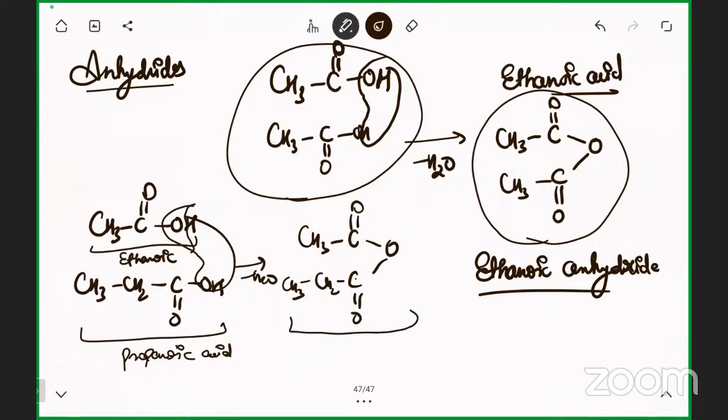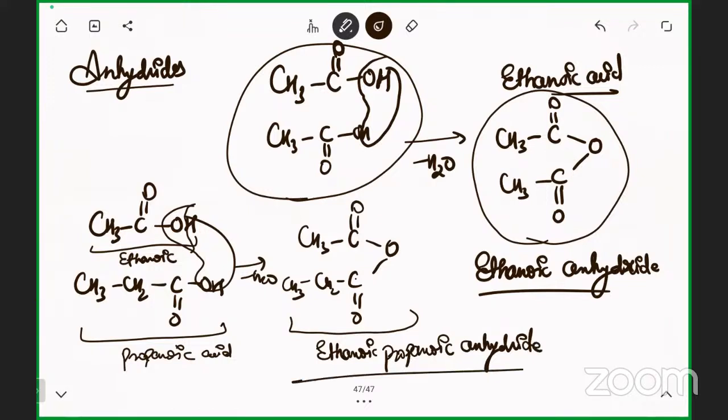This anhydrous condition is formed from which acids? Ethanoic acid and propanoic acid. Since it is formed of ethanoic acid and propanoic acid, the name will be from the parent chains. So its name will be ethanoic, propanoic, and at last you'll write anhydride. That's it. Clear?